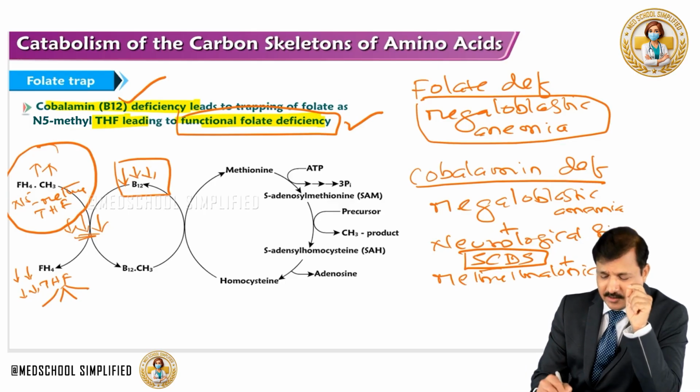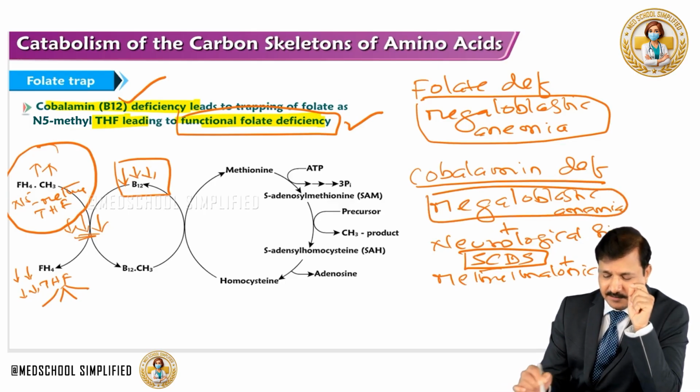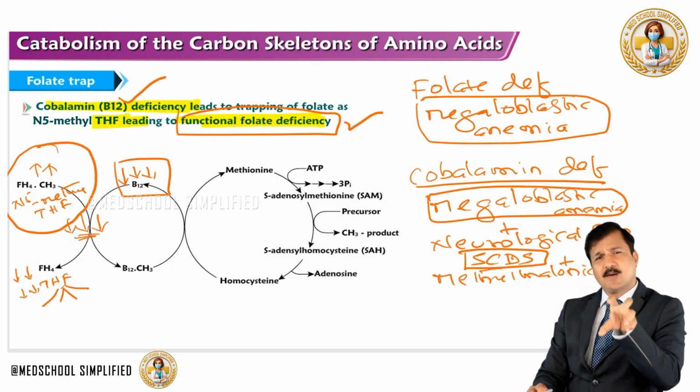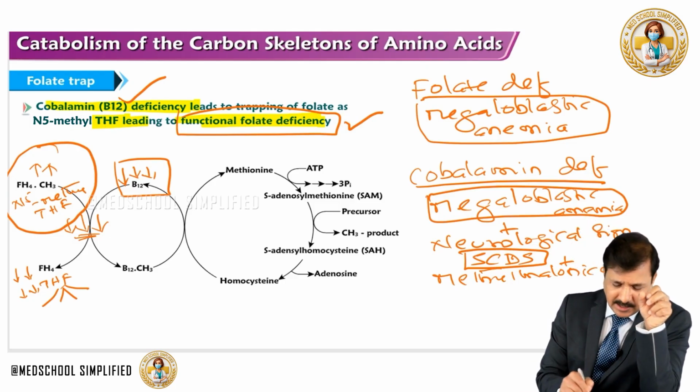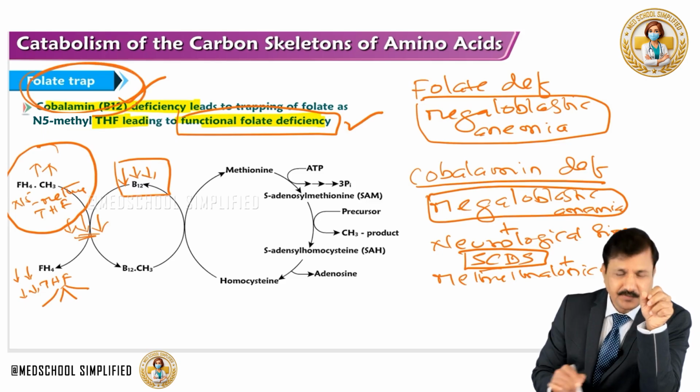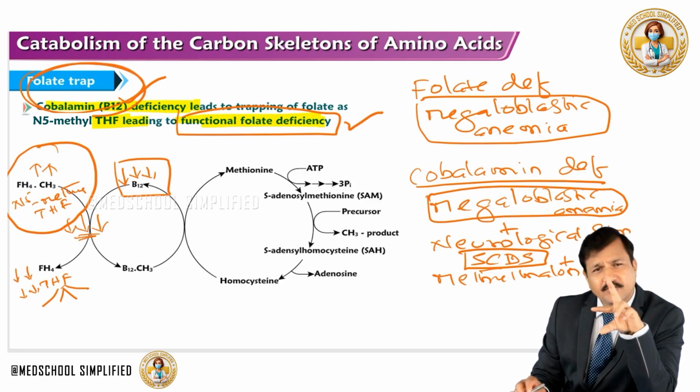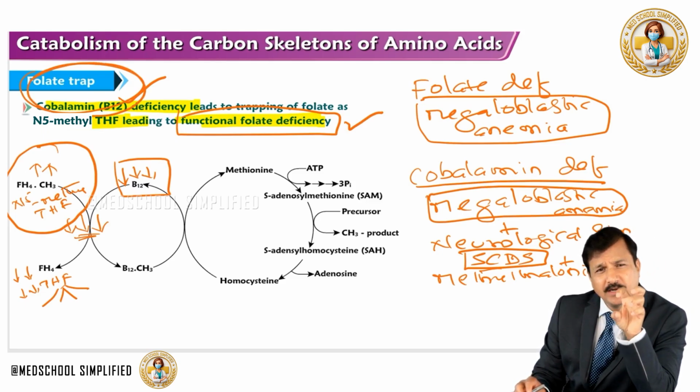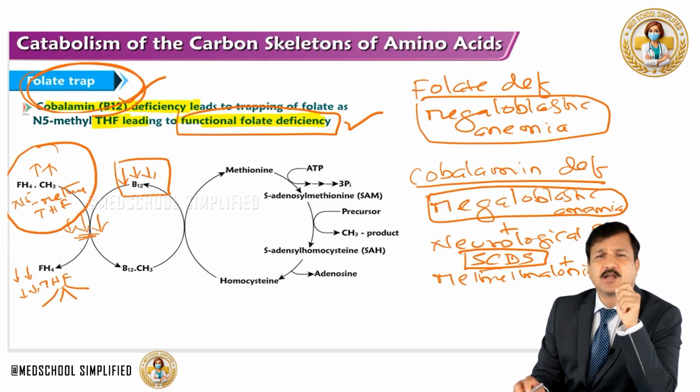Along with that, we are going to see megaloblastic anemia. The megaloblastic anemia component of cobalamin deficiency is because of folate trap. Why? Because cobalamin deficiency leads to functional folate deficiency. So all the signs of folate deficiency you also see in cobalamin deficiency.